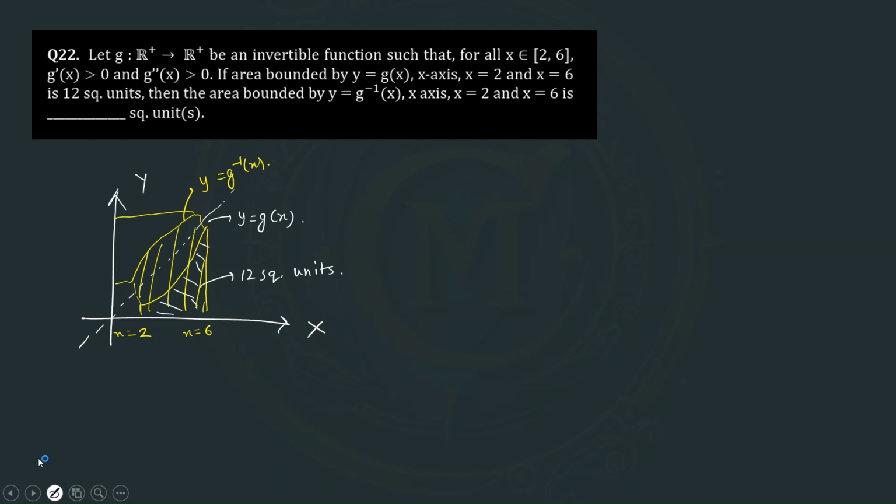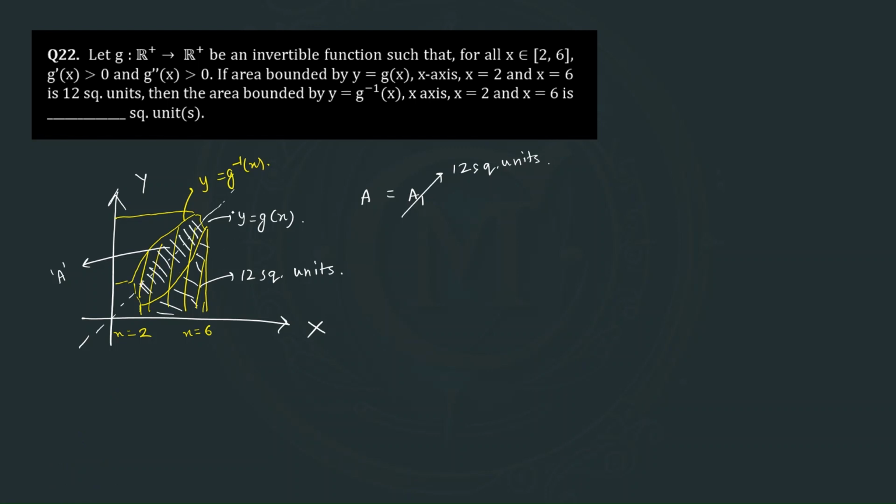We can say that the area of this total region, let's say this is A, then A is equal to the area bounded by this function g(x) and x-axis from this point to this point, which is let's say A1, which is 12 square units, and then we have to add something. Now what is that? The added portion must be this.